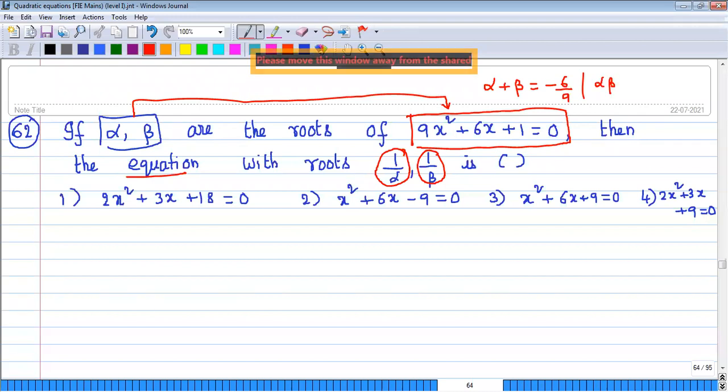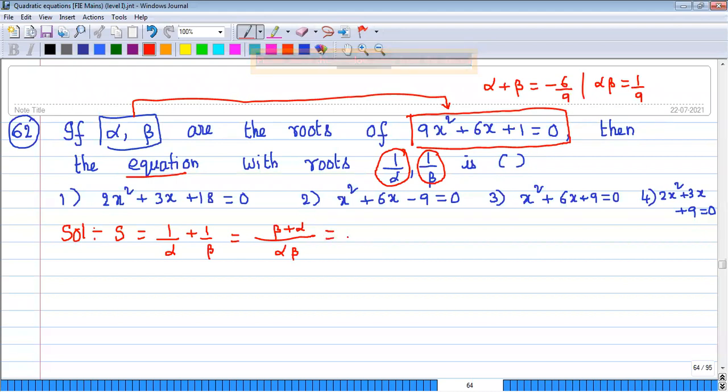Alpha beta is equal to c by a, that is 1 upon 9. Now we need the sum of the roots of the resulting equation, that is 1 by alpha plus 1 by beta. That is beta plus alpha over alpha beta, which is minus 6 by 9 divided by 1 by 9. That will be minus 6.